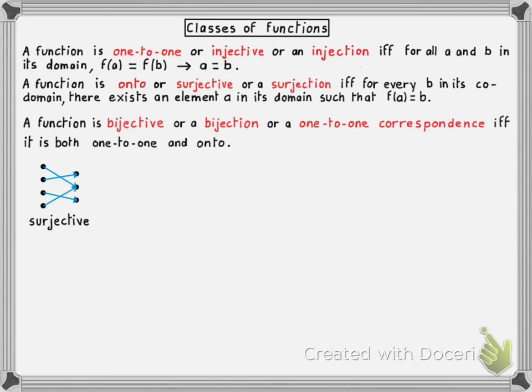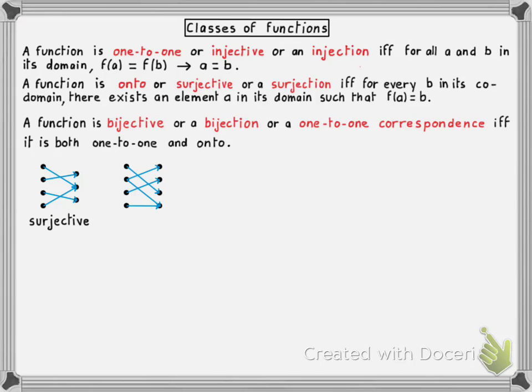Remember, the definition of this class of functions says that every element in the codomain must have a pre-image. What that means graphically is that every element here on the right must have at least one arrow going into it. That's what it means graphically to be surjective. Now, let's move on to the second example of a function.